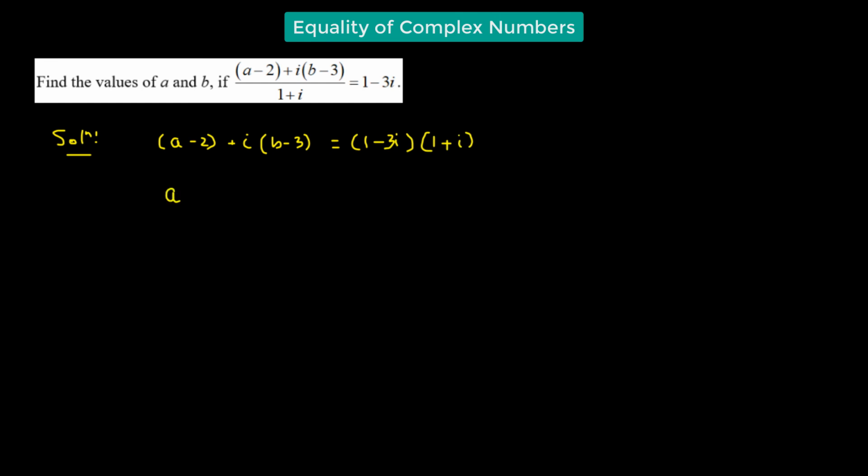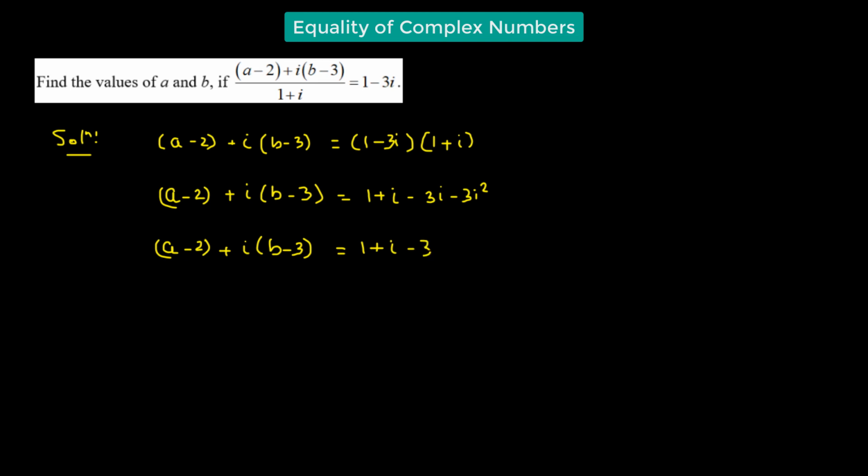So we have (a minus 2 plus i) times (b minus 3), which equals 1 plus i minus 3i minus 3i squared. So we have a minus 2 plus i times b minus 3 equals 1 plus i minus 3i plus 3. We have a minus 2 plus i times b minus 3 equals 4 minus 2i.